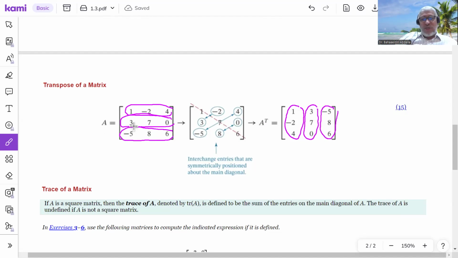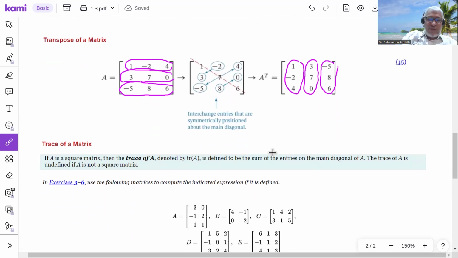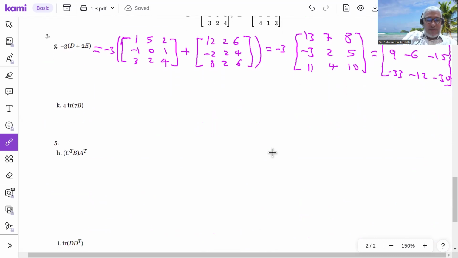So we are just changing rows into columns. At the end, you will find that you have 1, 7, 6, 1, 7, 6. The main diagonal entries are not changed, but these numbers are interchanged around the main diagonal. So I have negative 2, 3. I'll have here 3, negative 2. I have 4, negative 5. I'll have negative 5, 4. I have 0, 8. I'll have 8, 0 in the transpose. So this is the transpose of a matrix.